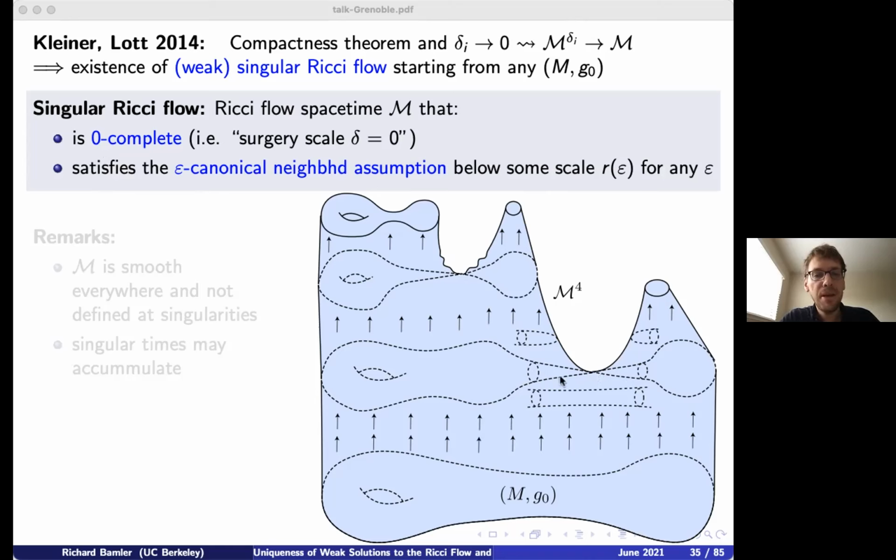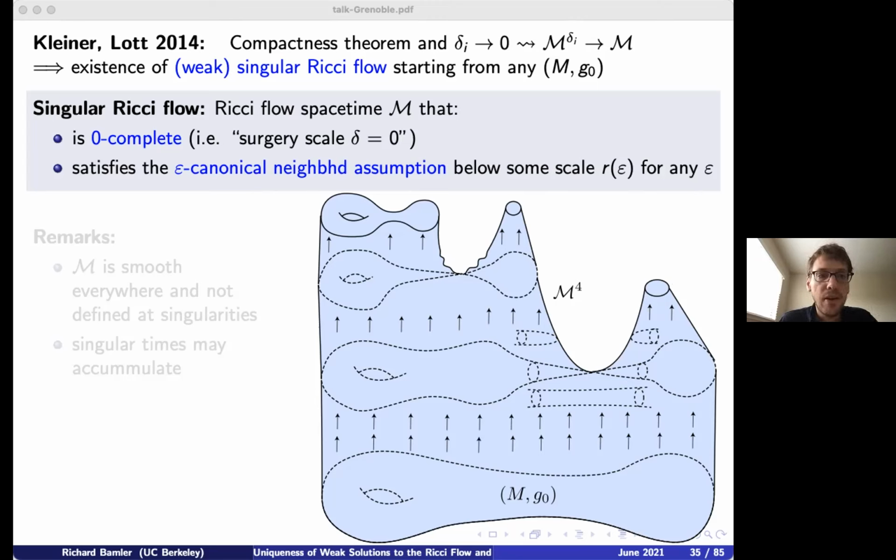So that means near these singular points, we always need to look neck-like or Bryant-soliton-like and so on, or spherical for these extinct singularities. So this is approximately how we should think of this flow, and this is very similar to the level set flow or the Brakke flow as well.